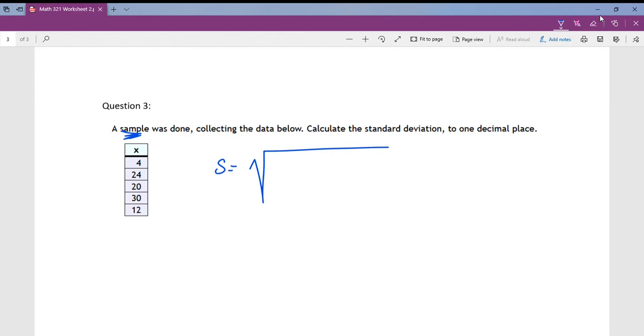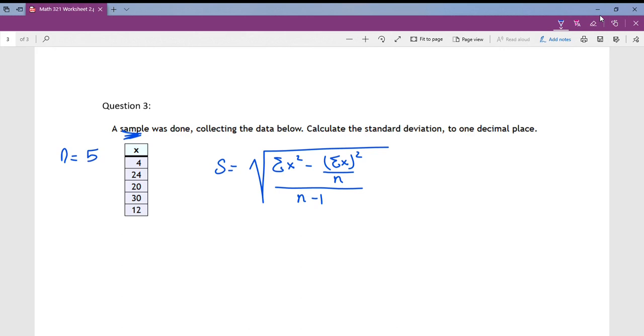This is equivalent to the square root of the summation of x squared minus the summation of x quantity squared divided by n, and this is small n, and we're going to divide this by n minus 1. So there's a slight difference in the formula. Make sure you notice that this is a small n and not a big N. Because we're treating this as a sample, the sample size is 5.